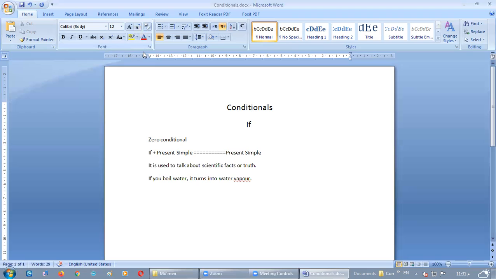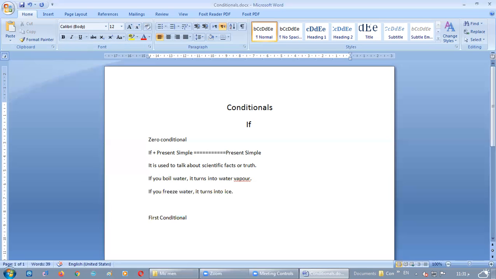Another example, if you freeze water, it turns into ice. When you want to talk about zero conditional, if plus present simple, we are going to use it to talk about scientific facts or truth.